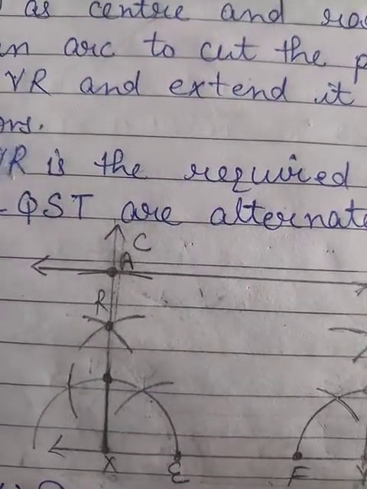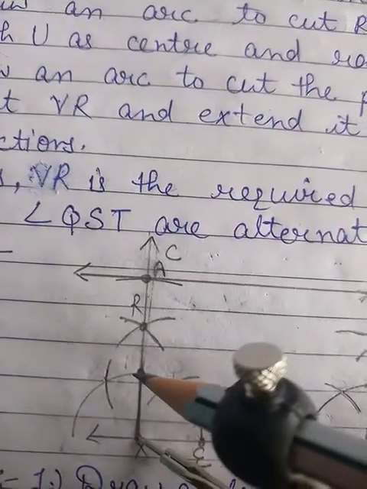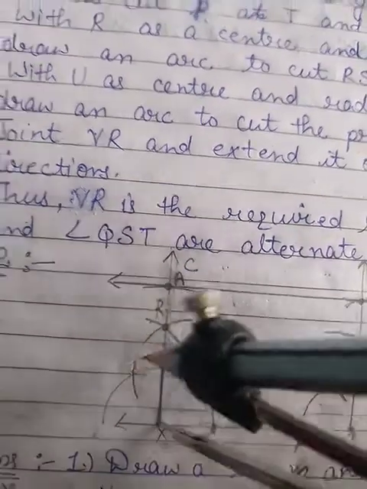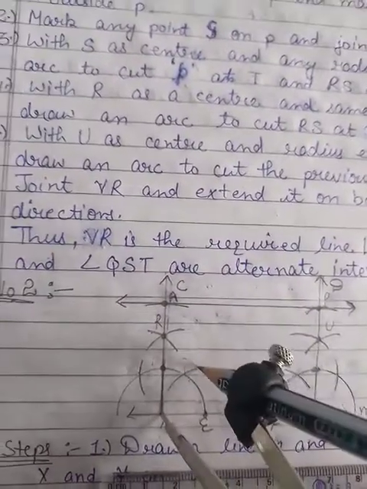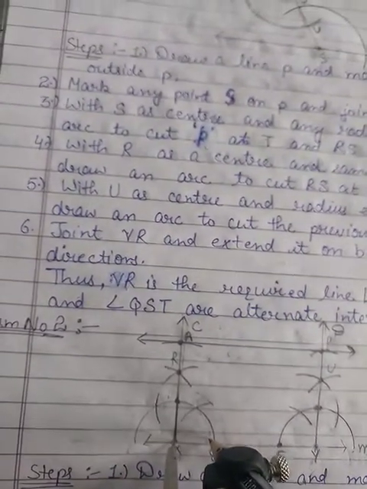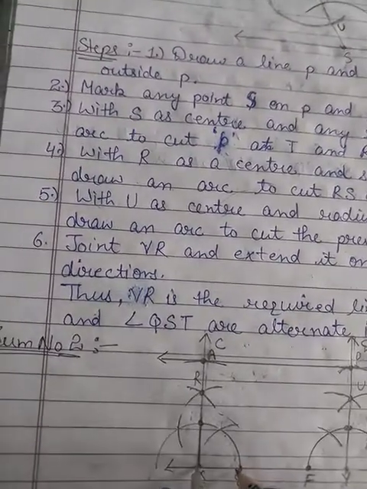You know that for 90 degrees, first of all, by taking X as a center with any radius, we need to draw an arc.